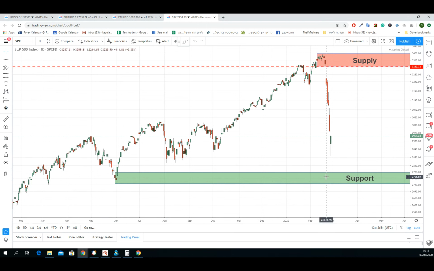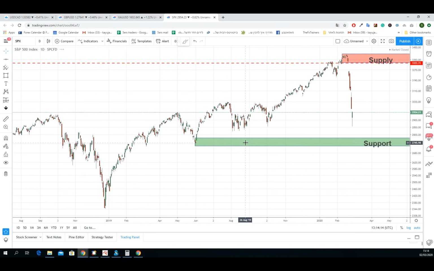So it's a support level, and I believe the price is on its way to reach at least this support. I just hope that before it does that, it will go up and give us the opportunity to join another downtrend at this level here. So I'll sell at this supply, and the final target will be this support here at the bottom.